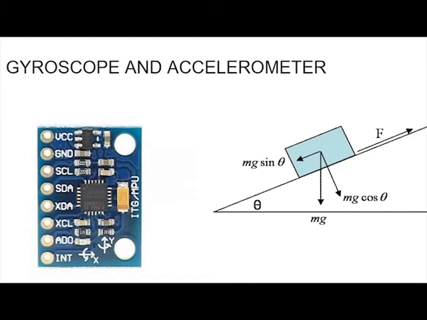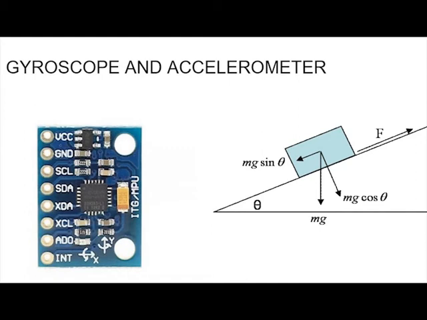The pin layout of this sensor is a bit complicated. It contains 8 pins in total. The VCC and ground are common to all the sensors, which are the 5-volt input and the ground of the system.